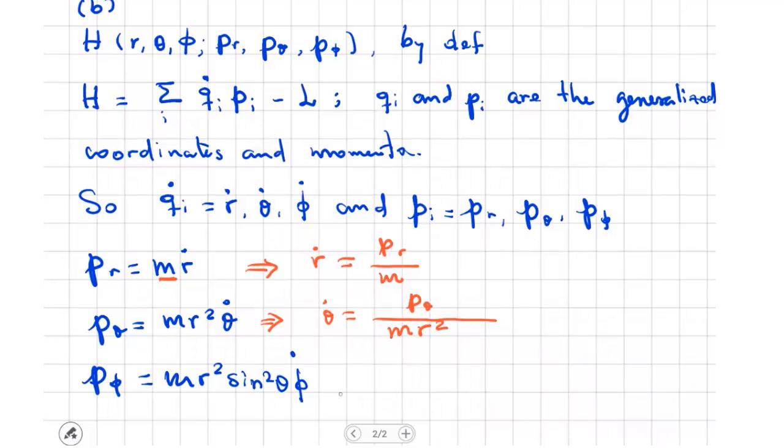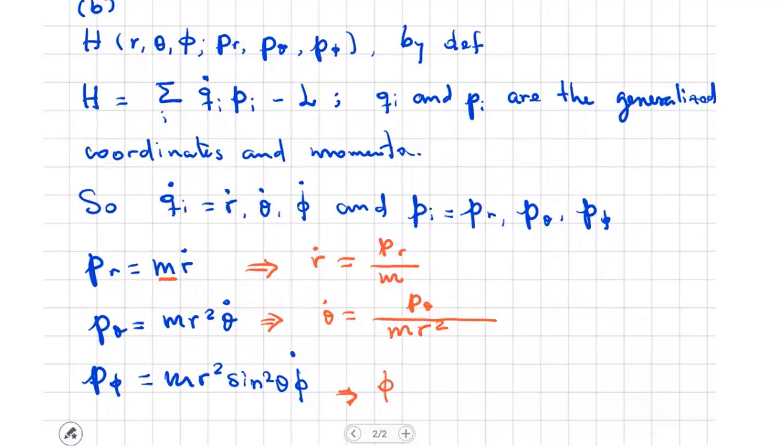And the same we do with p_phi. Sorry, I'm going to erase this and write it down again.